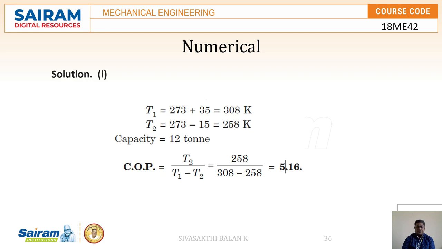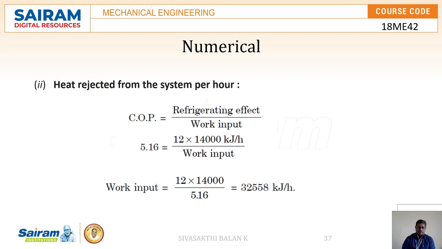We know that the COP of a reversed Carnot refrigerator is T2 divided by T1 minus T2. T2 represents the temperature of the space where we want to maintain a particular level. Substituting all the known values, we get 5.16 as the COP for the reversed Carnot cycle.